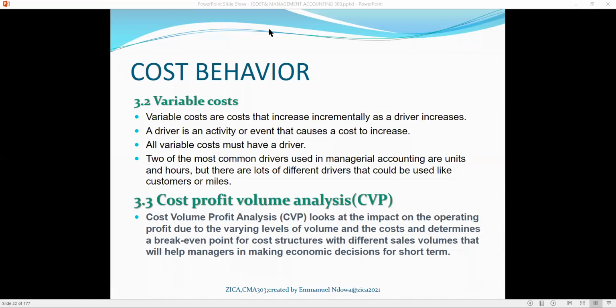Am I clear on that? Nyasha, could you state what I've just been highlighting, the difference between fixed cost and variable cost? Am I loud and clear?